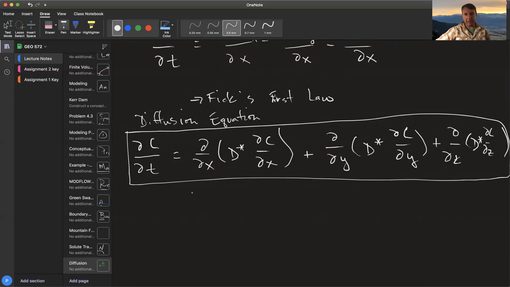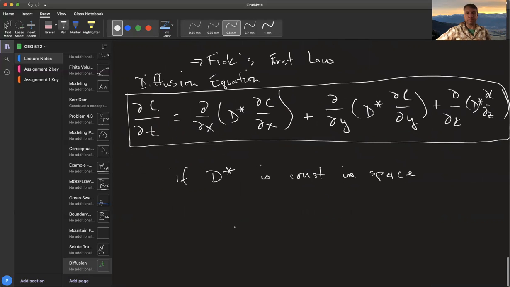So finally, if D star is constant in space, i.e. homogeneous, I can pull it out and I get dC/dt is equal to D star d²C/dx² plus D star d²C/dy² plus D star d²C/dz².